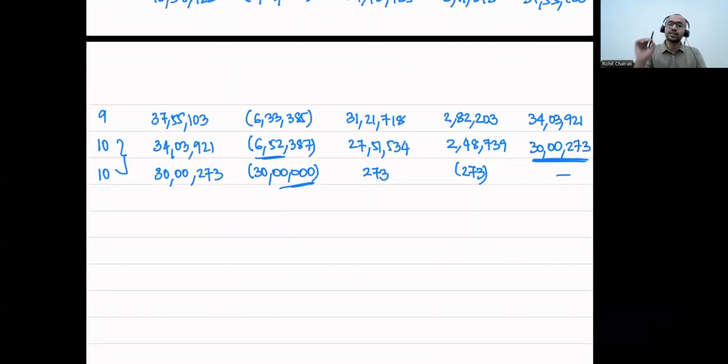Reason being, the 30 lakh payment is being made at the end of year 10. Because we still have a payment to make at the beginning of year 10, we are recognizing interest for year 10 as well, and 30 lakhs is going to go down to zero only at the end of year 10. In the previous illustration, lease liability went down to zero at the beginning of year 3, whereas over here it's going down to zero at the end of year 10, and hence we have interest for year 10 as well.